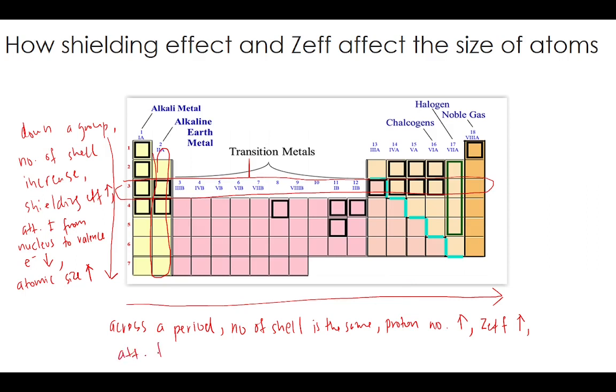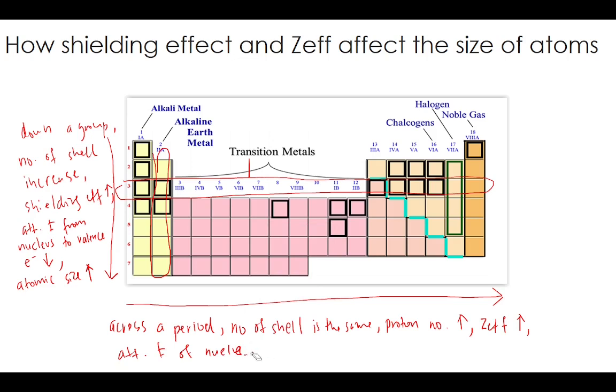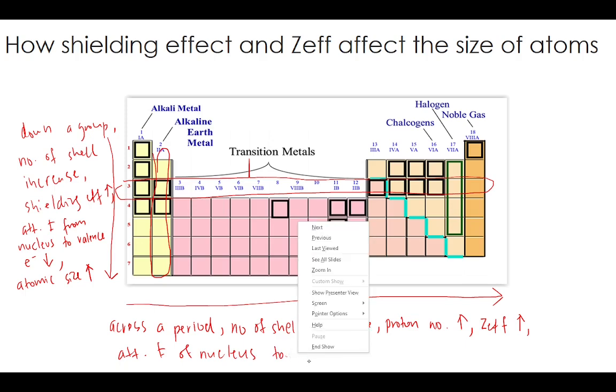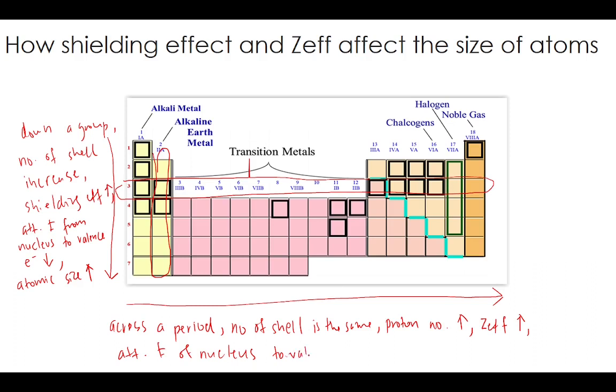It means the attractive forces of the nucleus towards the valence electrons increase. ZEF increases, which means the attractive forces of the nucleus to the valence electrons will also increase.